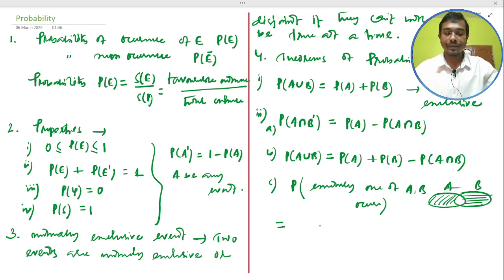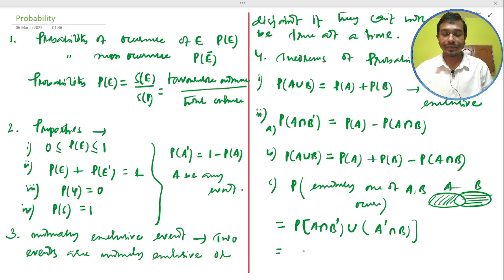That is equal to P of A intersection B complement union A complement intersection B. This is the definition, and it is written in the form P of A union B minus P of A intersection B.